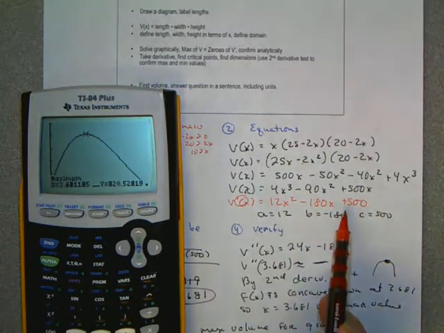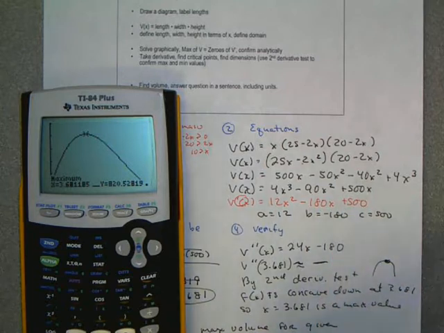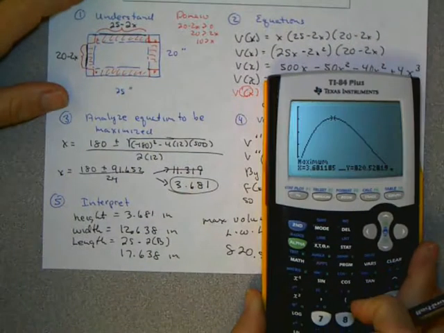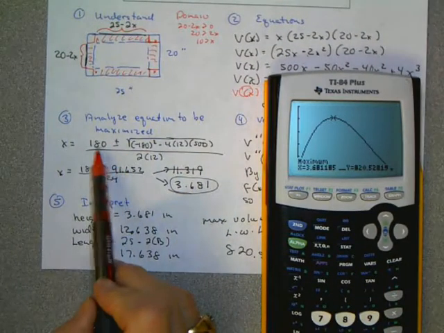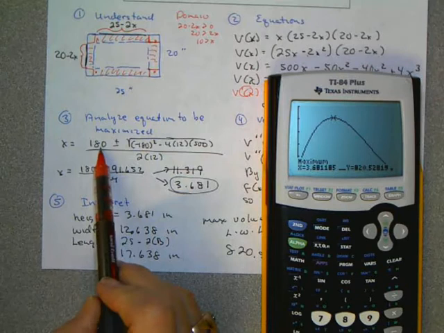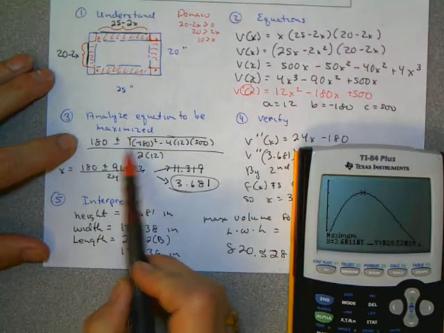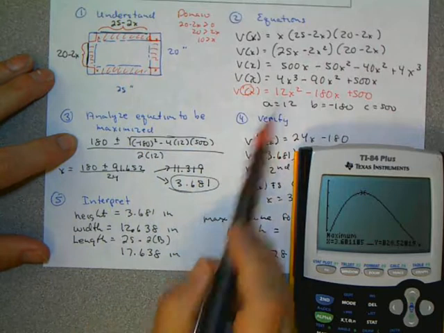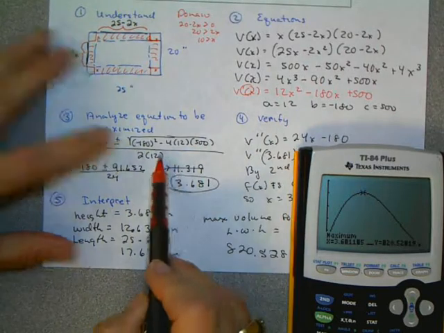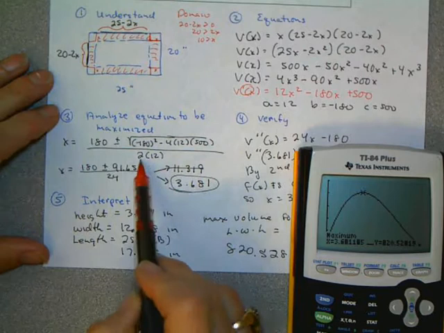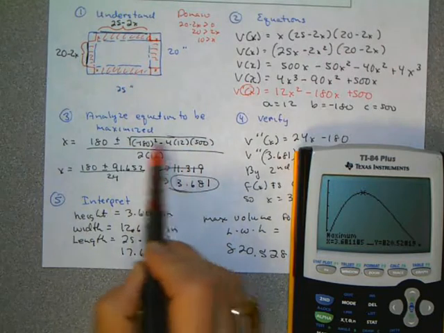And when we do, well, that's not going to factor very nicely, so I'm going to go right to the quadratic formula. A equals 12, b equals negative 180, c equals 500. Easy enough to do, and on occasion you will do that. Okay? So x equals the opposite of b, so negative 180, plus or minus the square root of negative 180 squared minus 4 times 12 times 500, a times c, all over 2a.